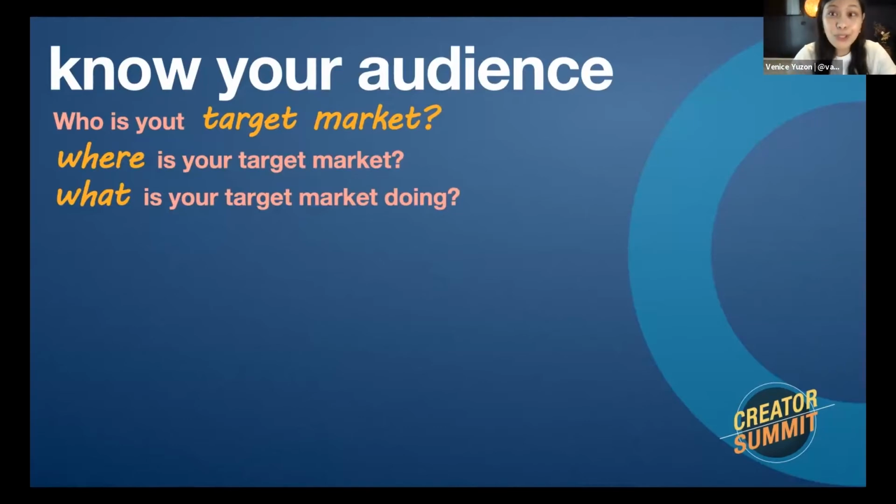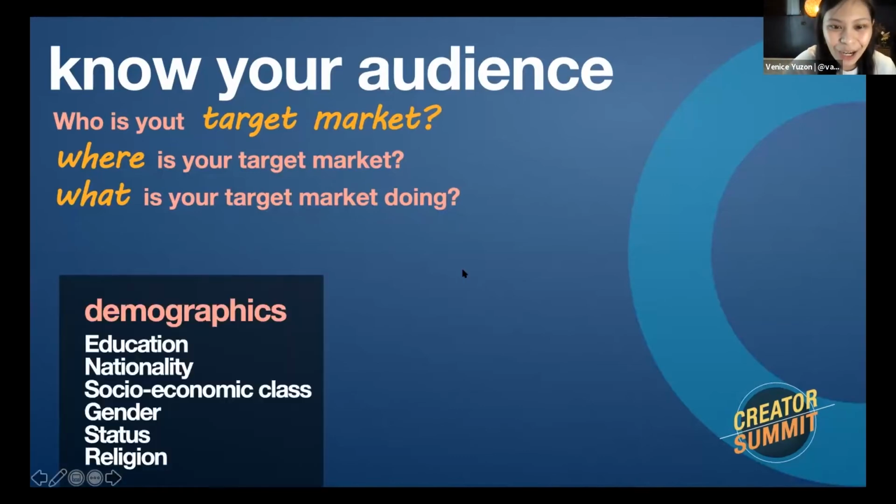It's just like pursuing a woman, di ba? Or pursuing someone, or whether, for example, you are dating or you are in a relationship, you have to know who the person is. And ganun din, in relating to your audience, you have to know the ins and outs of your audience. So para kang nanliligaw.